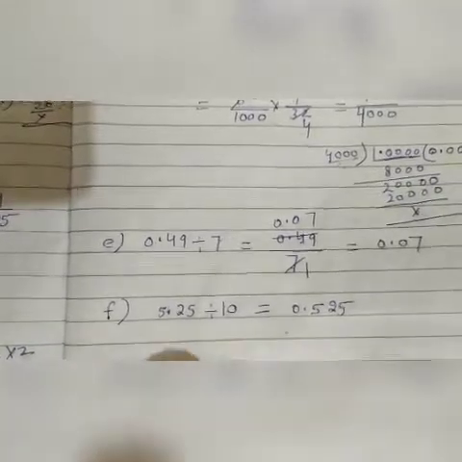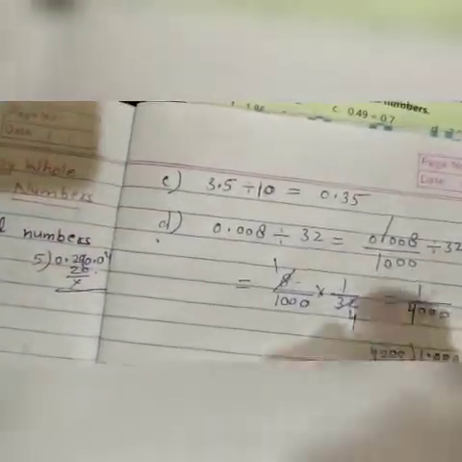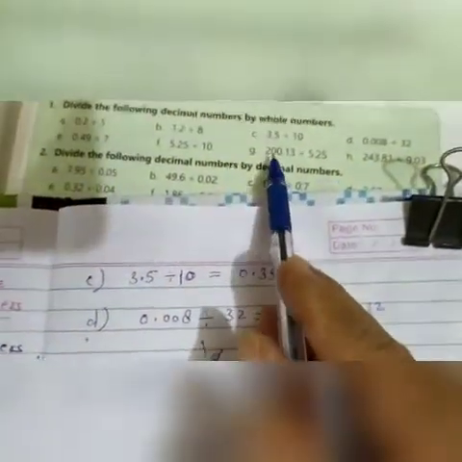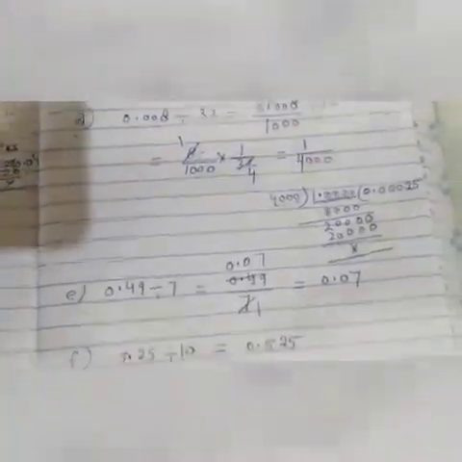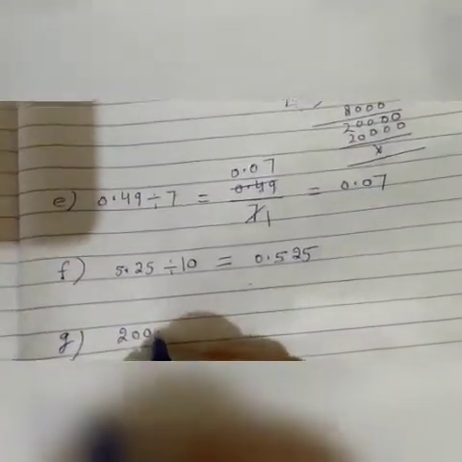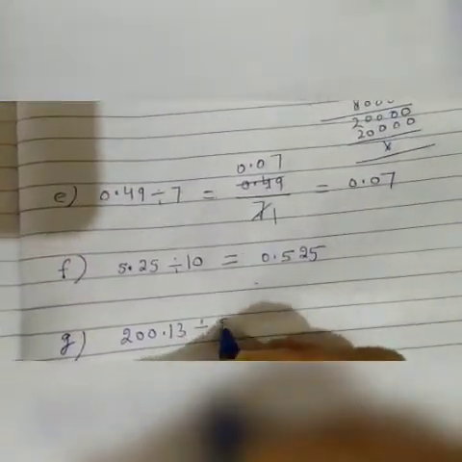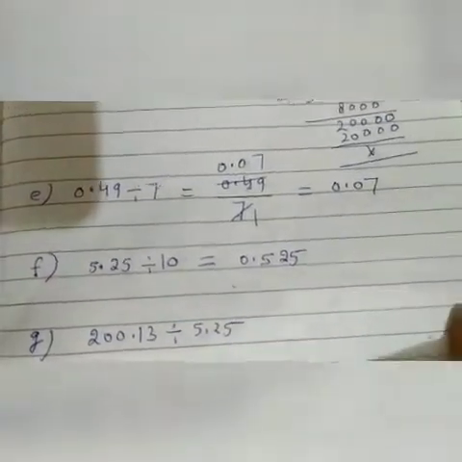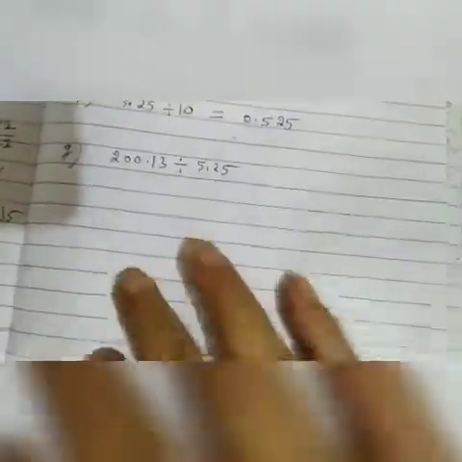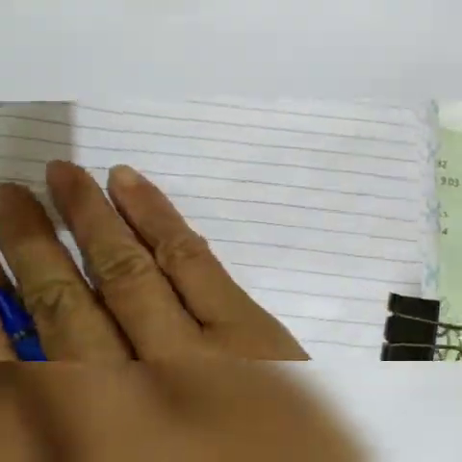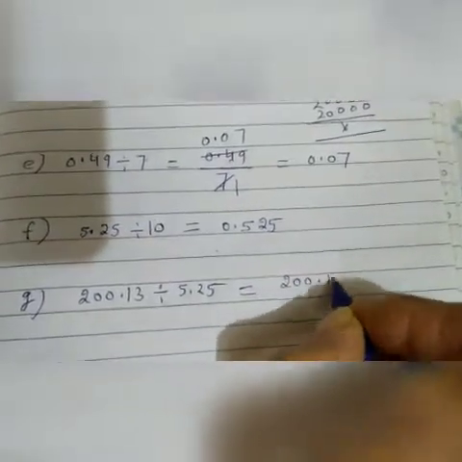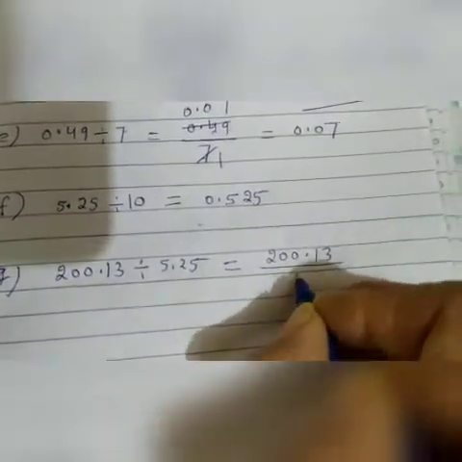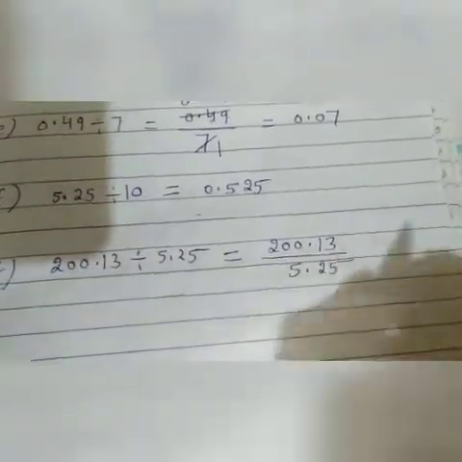Now next, G part. In G part, the question is 200.13 divided by 5.25. See how we will do it. First we will write it as 200.13 upon 5.25.